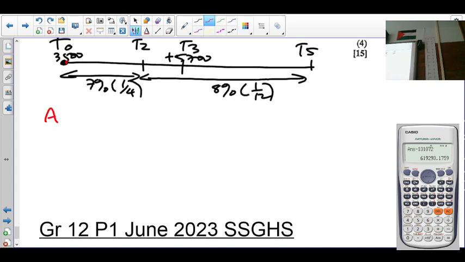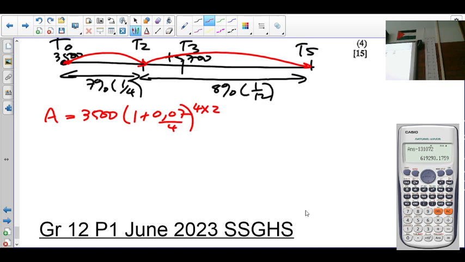I'll consider the 3,500 Rand first. So for the first interest rate, that's 2 years: 1 plus 0.07 over 4 to the exponent 4 times 2. Then it has an interest rate change to 8% compounded monthly, and that is for 3 years.